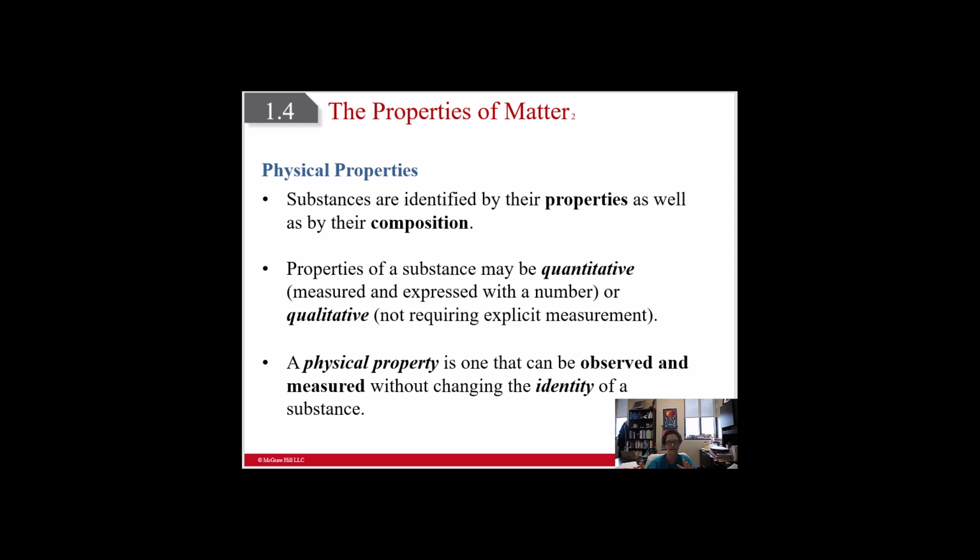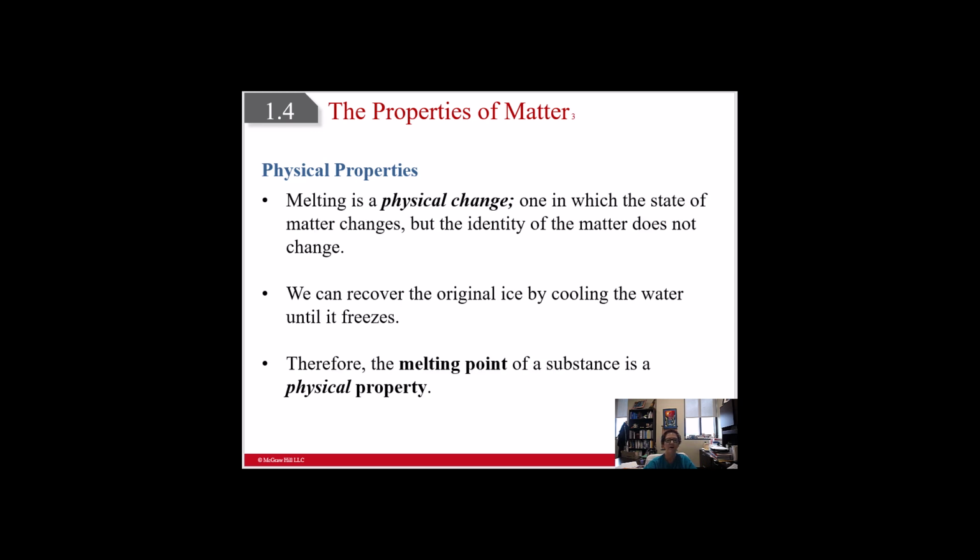So that's qualitative. So a physical property is one that we can observe and measure without changing the identity of the substance itself. So you could also call this non-destructive testing, okay? So we don't change anything about the compound. Melting point is a physical change. So that's when you go from one state of matter to another.